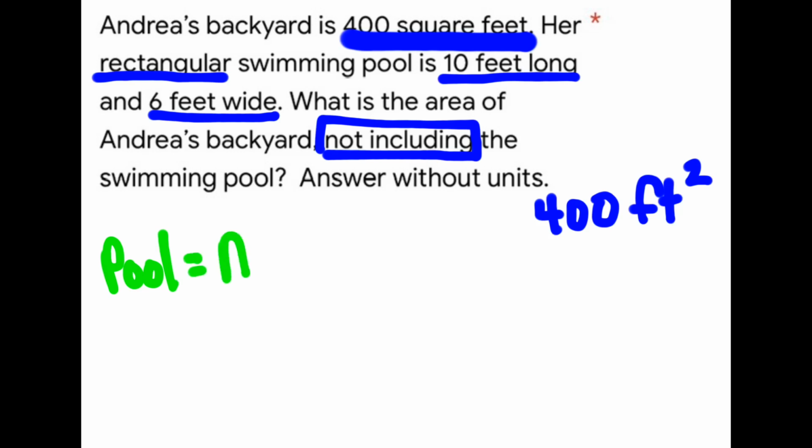Area equals base times height. They give us our base, which can also be base, and this can also be height. I will give you a moment to find the area of the pool.